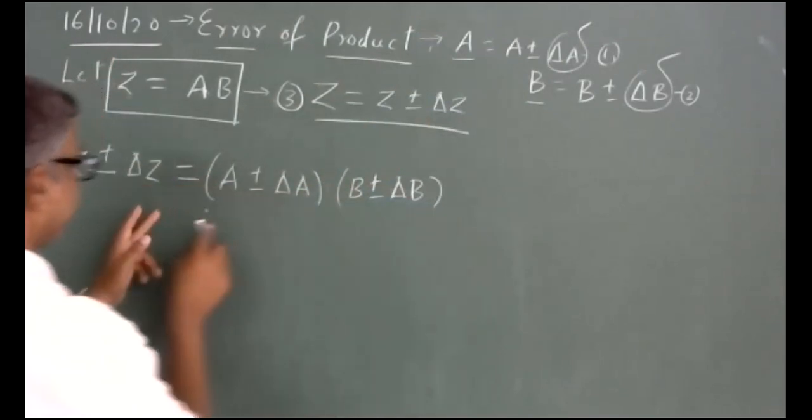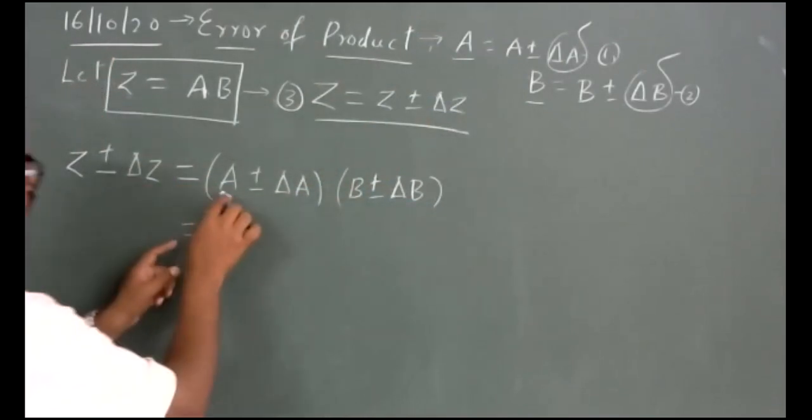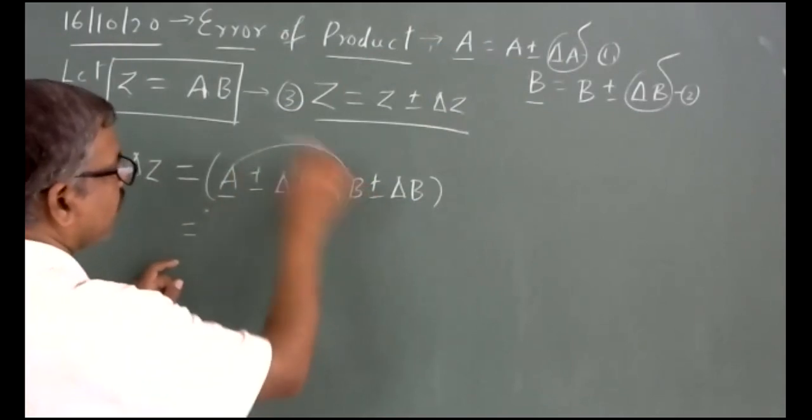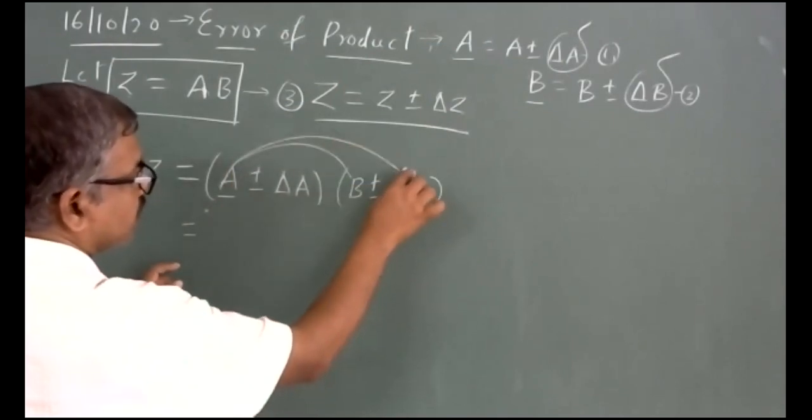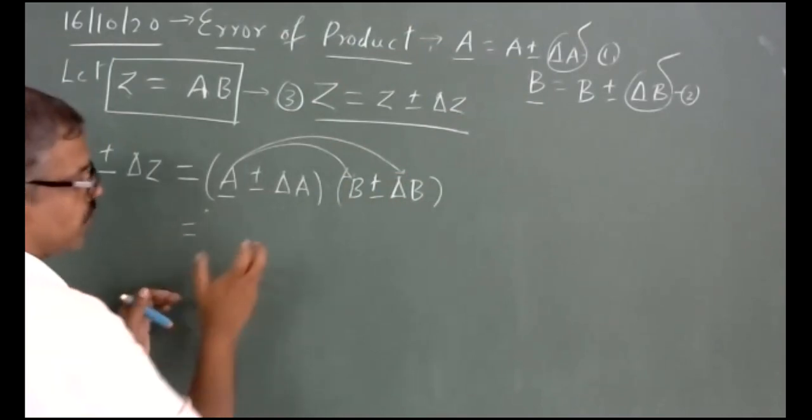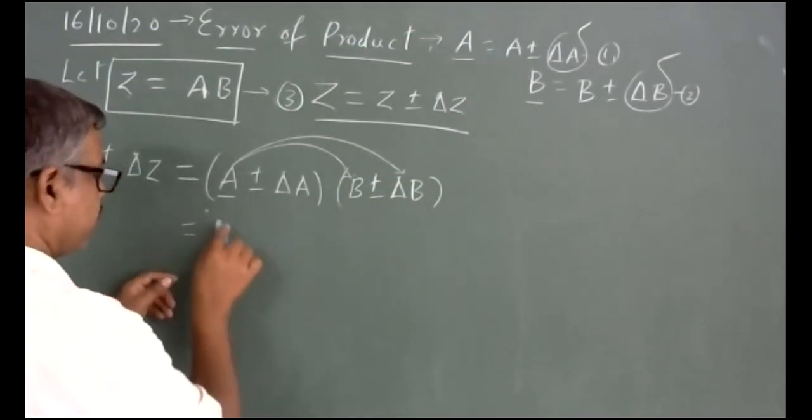Now if I simplify, the right hand side is A multiplied with B, and A multiplied with delta B. Similarly, I will have 4 products. First, AB.